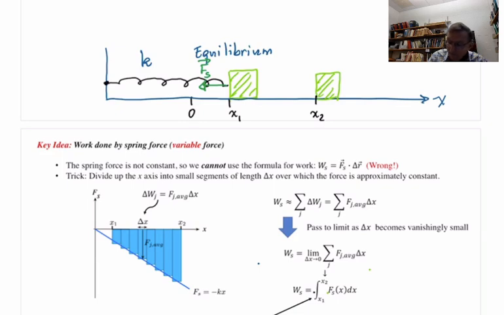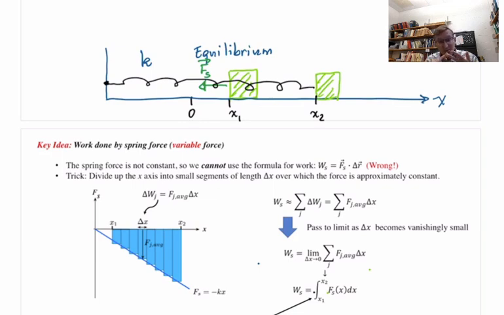Okay? So now the spring goes from the left side to there. Okay? So as this block has moved from x1 to x2, there's been a spring force acting on it.